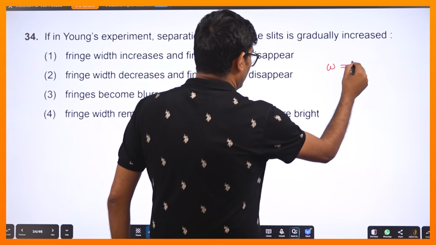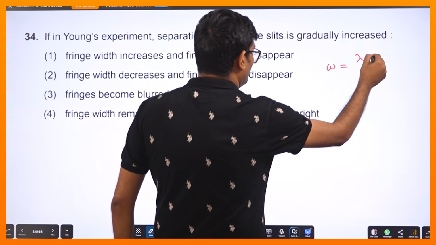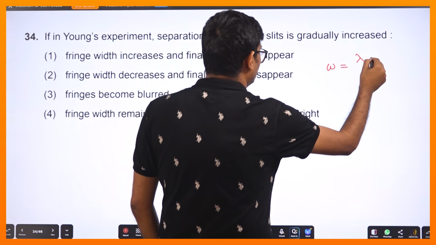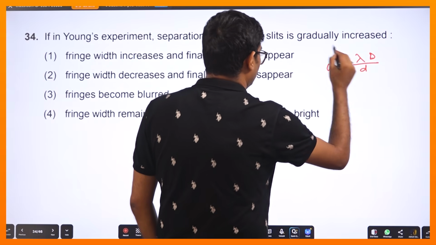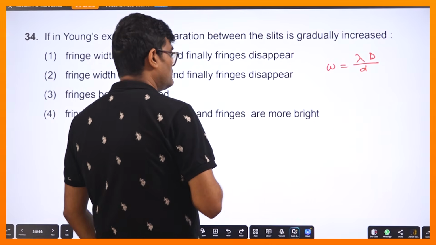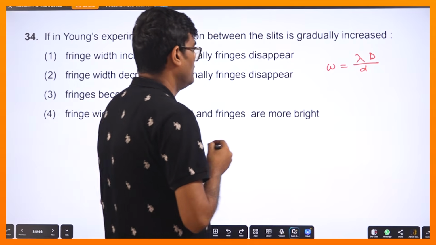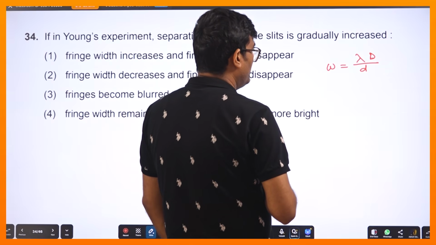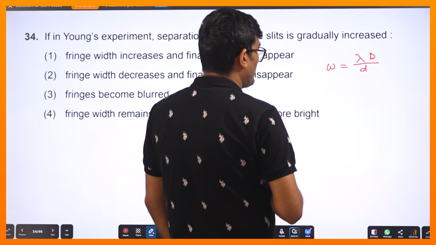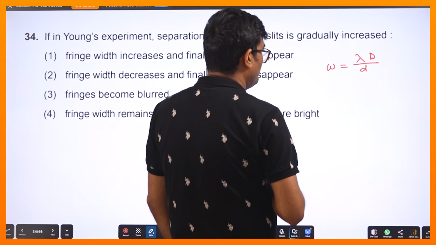Fringe width equals lambda into capital D by small d, right? Have we got it correct? Fringe width lambda into... I think it's capital D by small d.